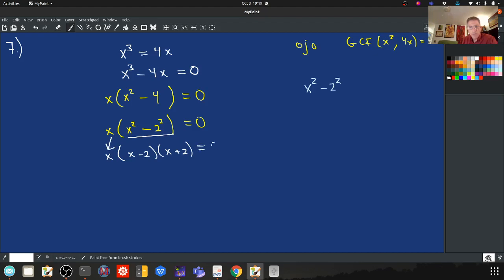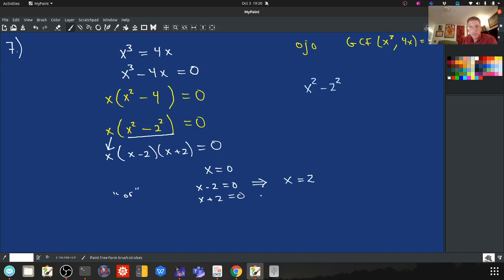So now I have 3 factors, but that's easy enough. This implies x is equal to 0, first factor, or x minus 2 is equal to 0. All of these are ors. Or x plus 2 is equal to 0. Well, the first one's already solved. X minus 2 is equal to 0 implies x is equal to 2.